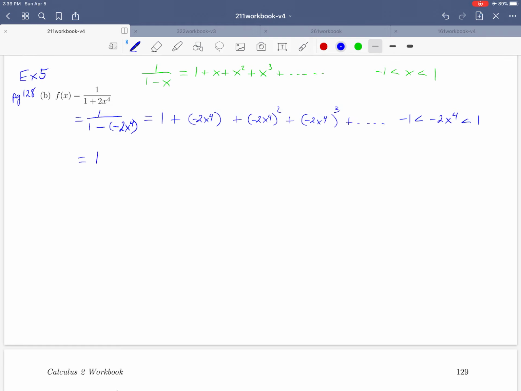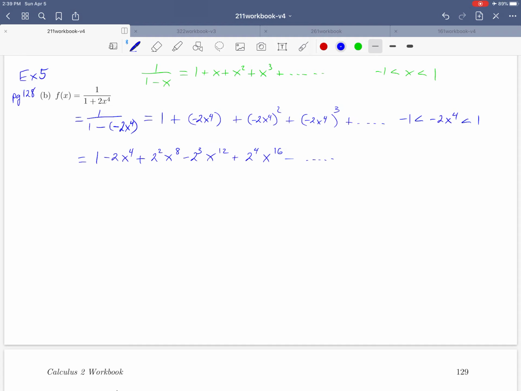And so we get 1 minus 2x to the fourth plus 2 squared x to the eighth minus 2 cubed x to the 12th plus, what do you think? Following the pattern, we're going to get a 2 to the fourth, x to the 16th. And then we would have a minus, and so on. And so this is our series.